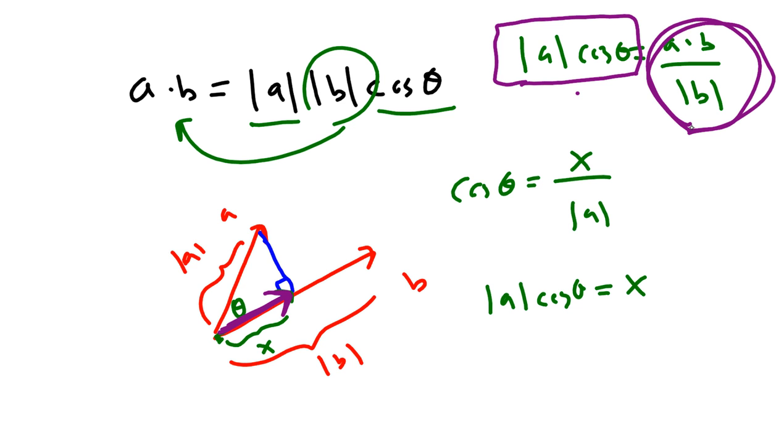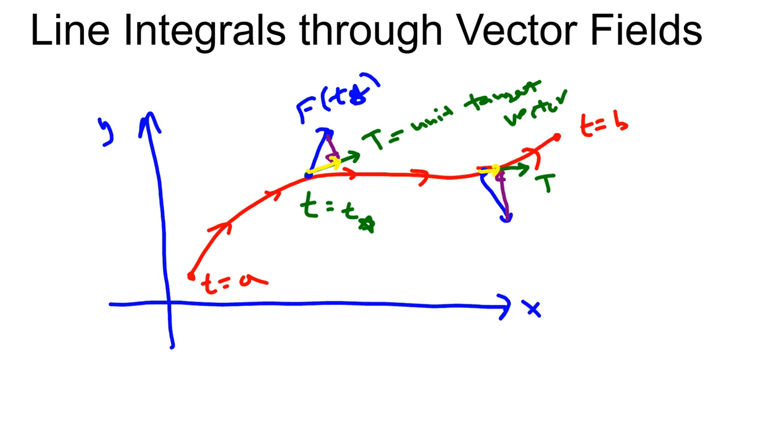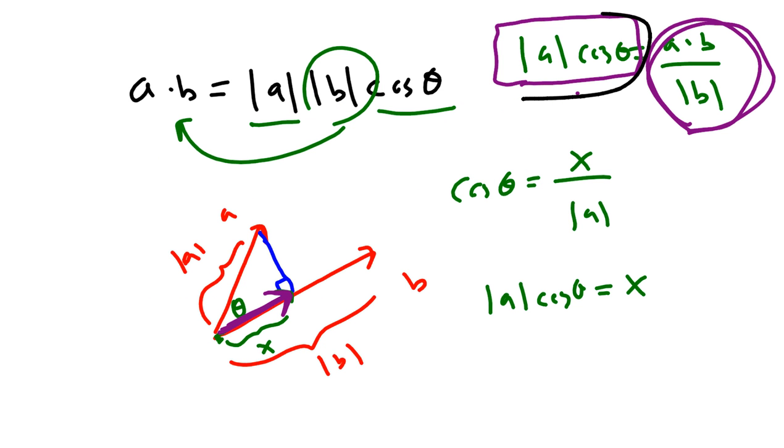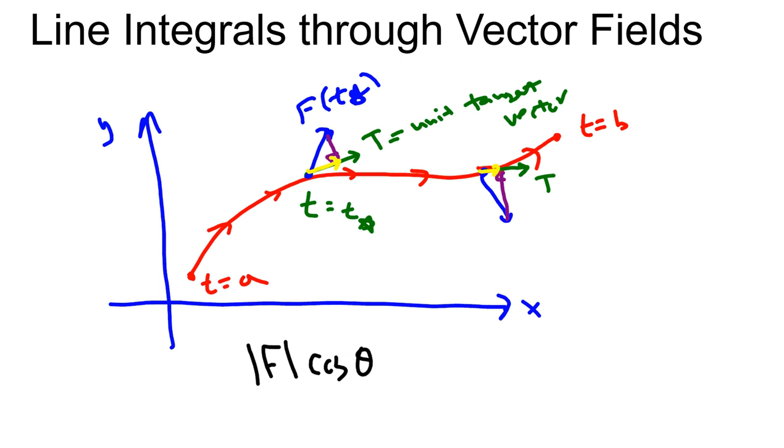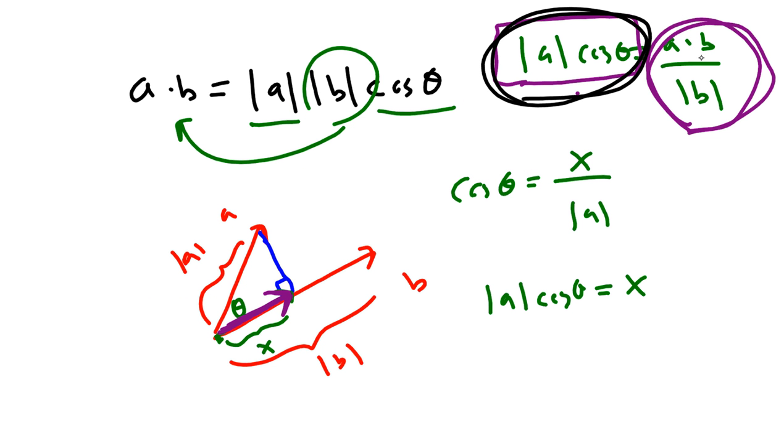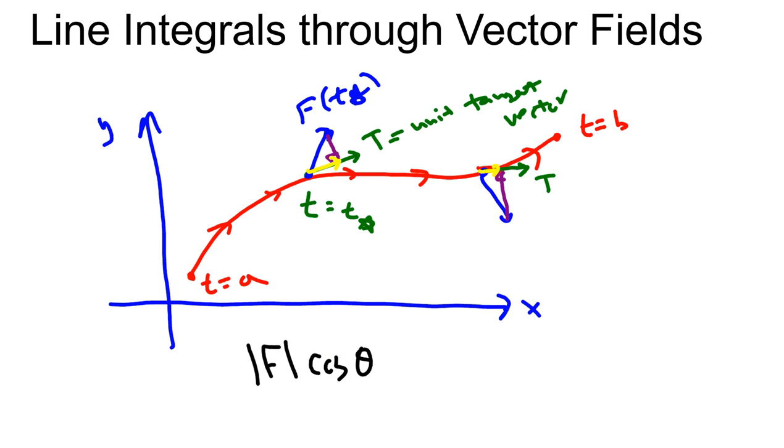If we go back to the picture here, we can do the same thing. If we want to find these little yellow vectors, we want norm F cosine theta, just like the expression up here, norm A cosine theta, which would be the shadow that vector A makes onto vector B. According to this definition, I could just do the vectors dotted, divided by the length of the vector I'm finding the shadow onto.